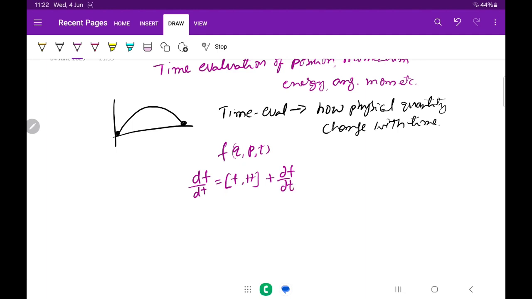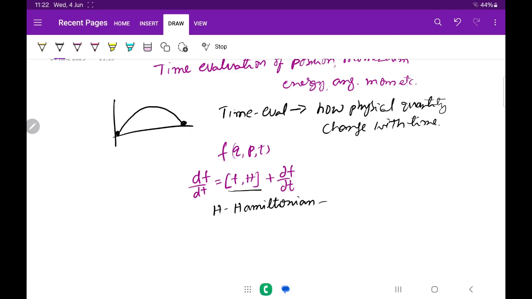This is how we find the time evolution of any particular function or particle. Here the important term is the bracket [f, H], where H is the Hamiltonian, which is the energy of the system.